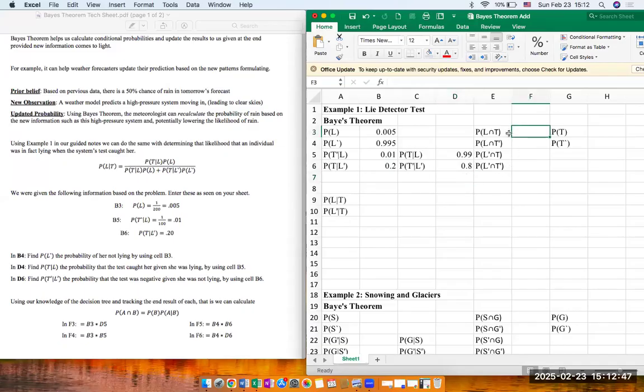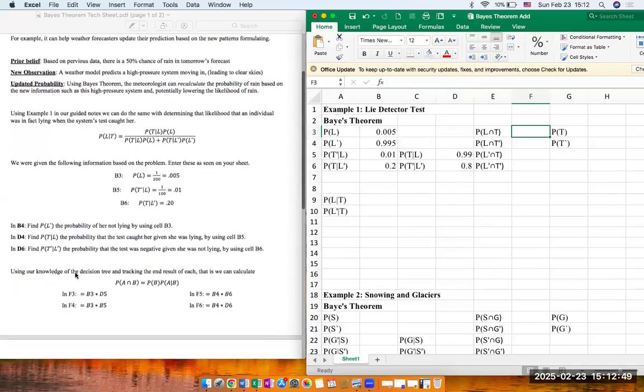Now, we did talk about this end result here. It says using your knowledge of the decision tree and by tracking the end results of each, we calculate the probability, and this one says A and B is the probability of B times the probability, given that we are doing B first, that A has happened.